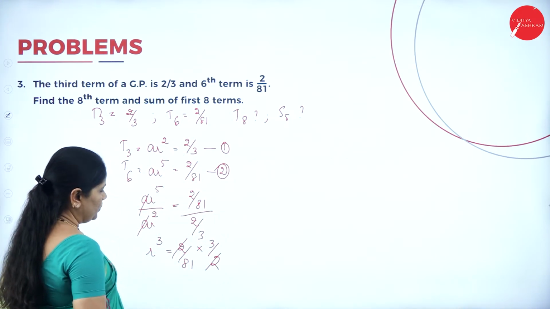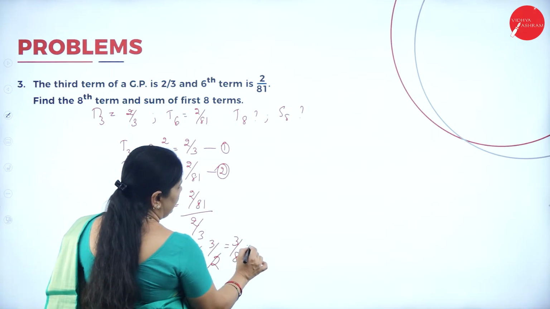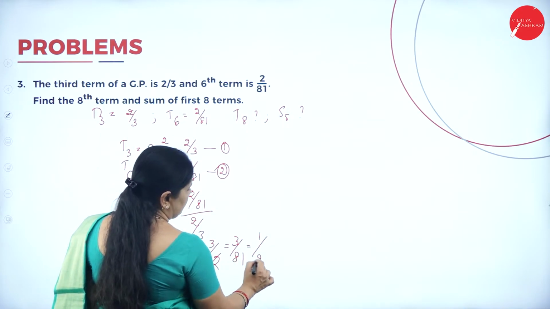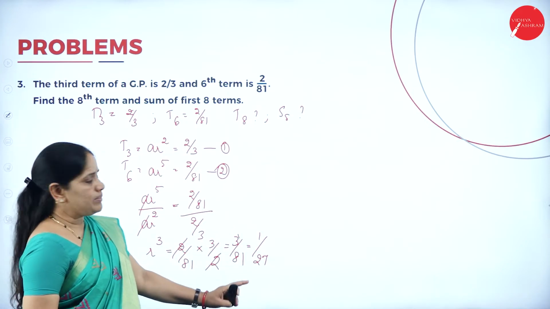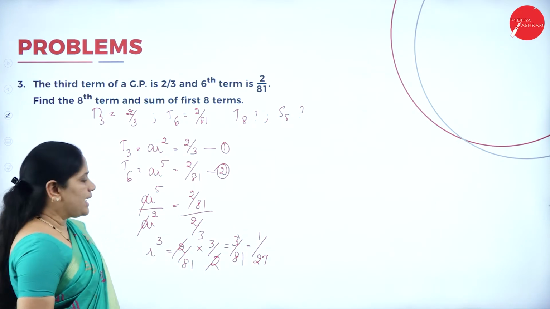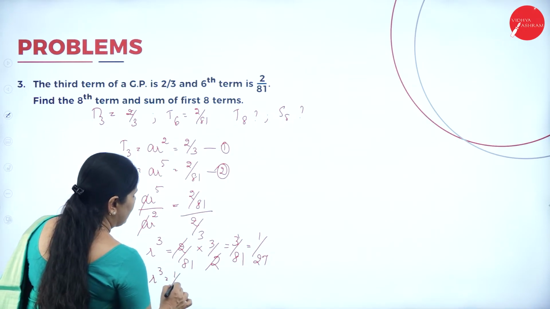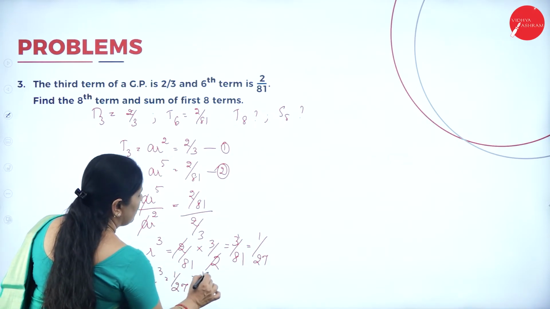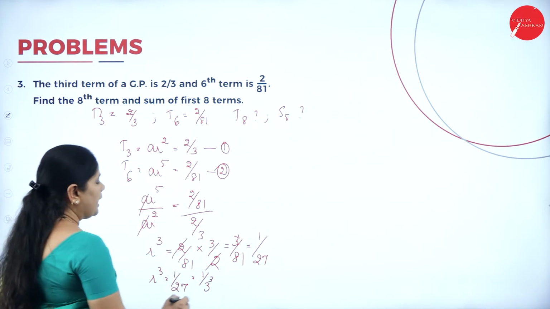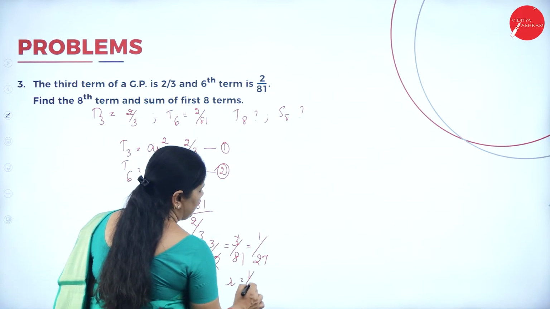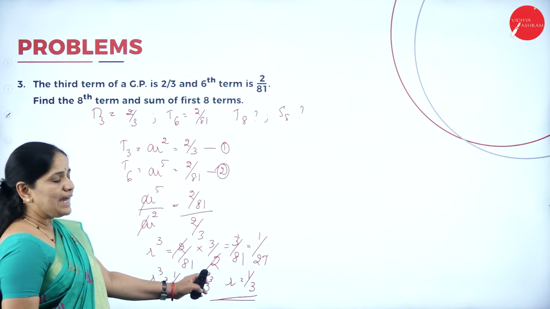So 2 and 2 get cancelled. So this will be 3 by 81. So this is equal to 1 by 27. When I simplify 3 by 81, I get 1 by 27. So R cube equals 1 by 27, or it is equal to 1 by 3 cube, or R equals 1 by 3. So the cube root gives R as 1 by 3.